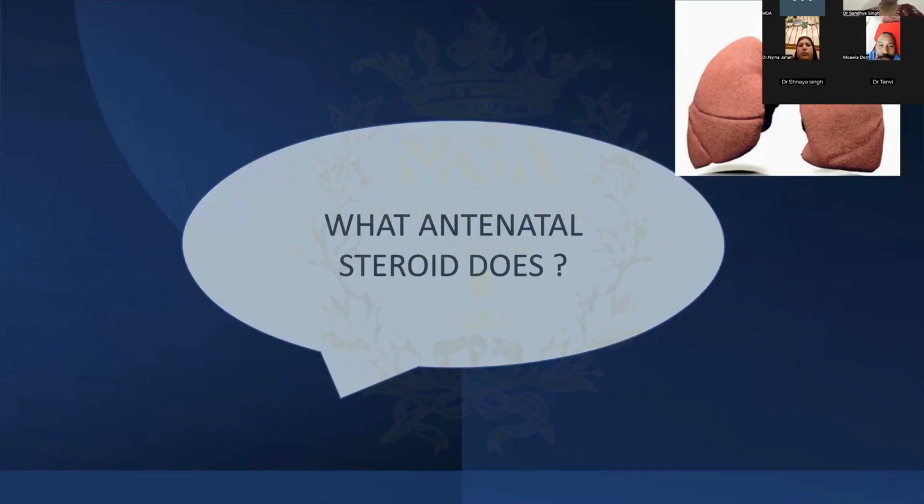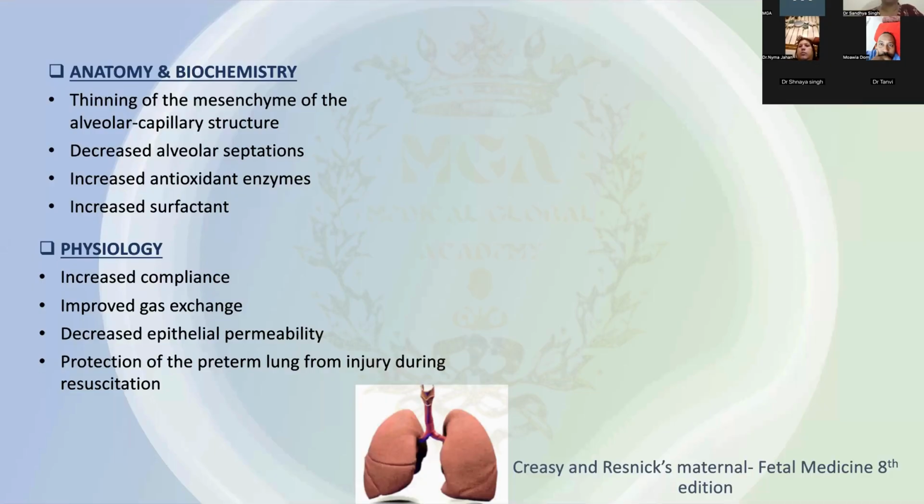Antenatally, what the steroid does, we understood: from 16 to 26 weeks, in normal embryology, glucocorticoid comes into action and helps in lung maturity. Normally, steroids cause thinning of the alveolar capillary membrane, which helps in gas exchange.